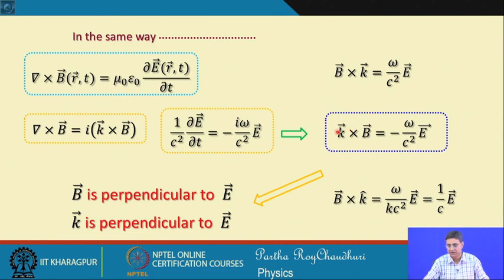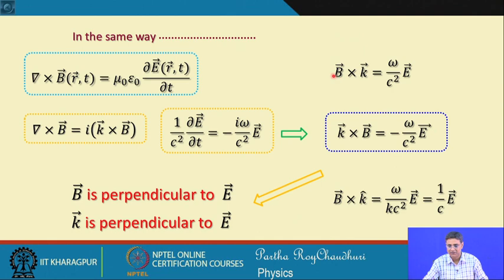This tells you that k is perpendicular to E and B is perpendicular to E. That means the electric field E is perpendicular to the plane containing the vectors k and B. So, this is the complementary part which we have seen earlier for the electric field, but all three of them are very nicely related.